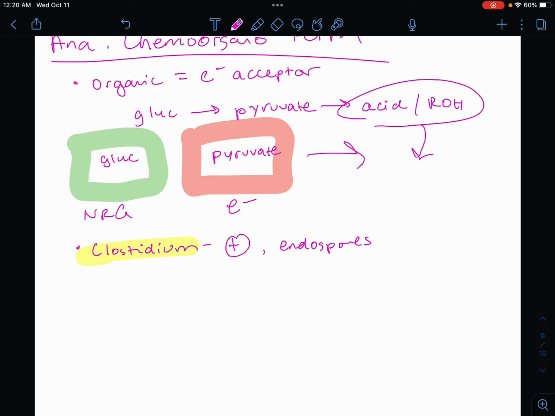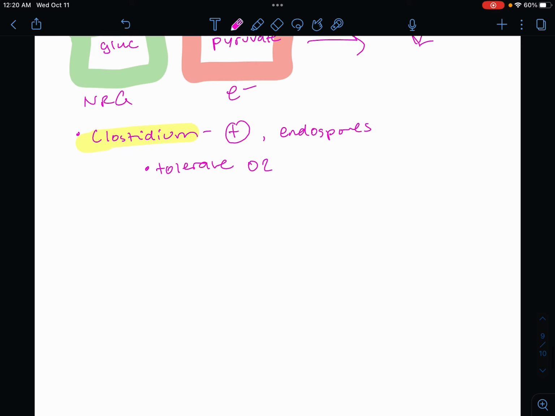And basically they tolerate O2 when they're endospores. And so they could also survive periods of heat, drying, chemicals, and radiation. We've talked about how tough these endospores are, so they're able to survive conditions that normally anaerobes cannot. And of course they'll germinate when conditions improve.